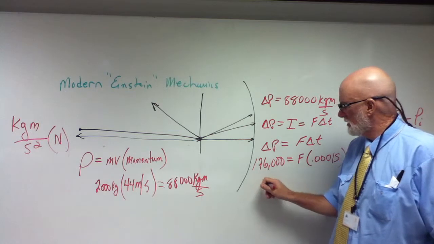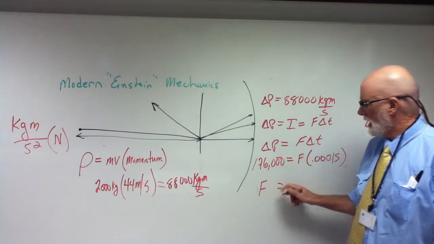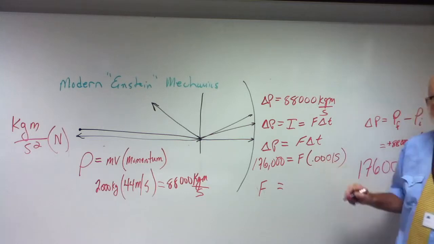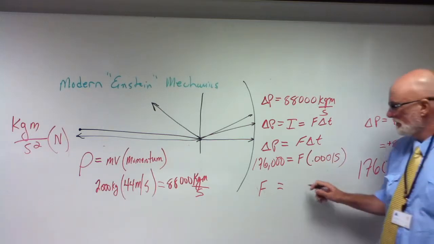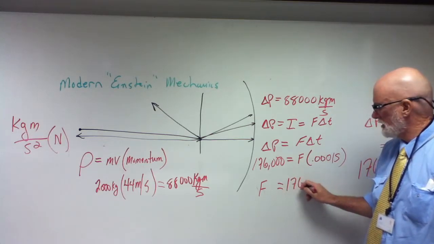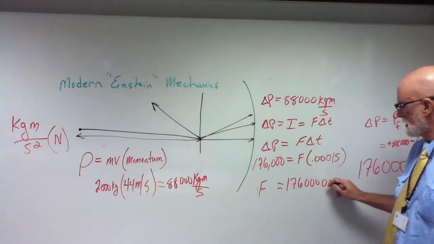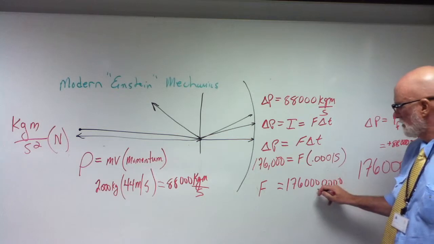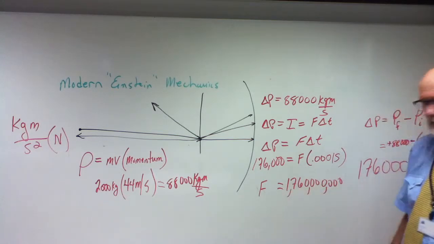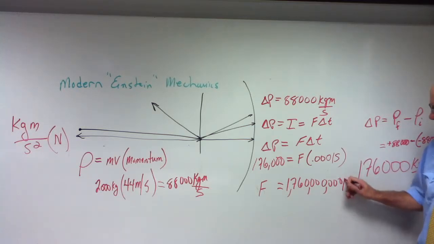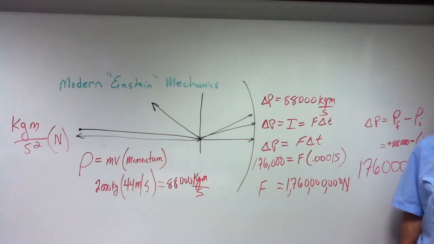So what is 176,000 divided by 0.0001? I added a zero. It's going to be 176,000,000,000,000. Right?